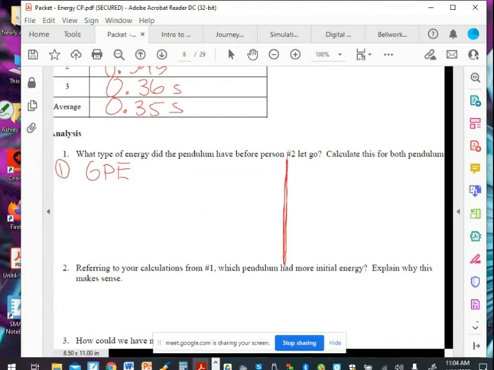That's going to represent data table 1, the first trial that we did with the 1 washer. And then a number 2 over here, which represents data table number 2 with the 3 washers. If you want to put 3 washers as a reminder here, and 1 washer as a reminder here, you can.